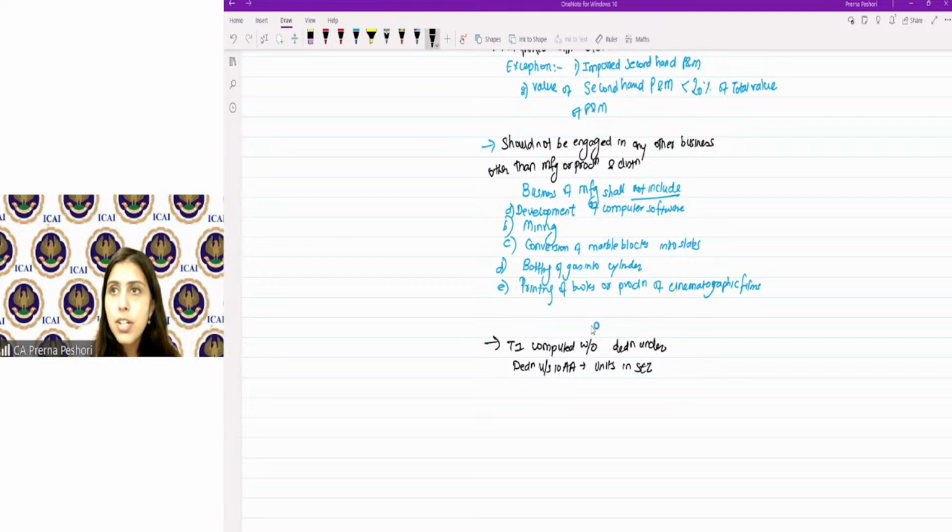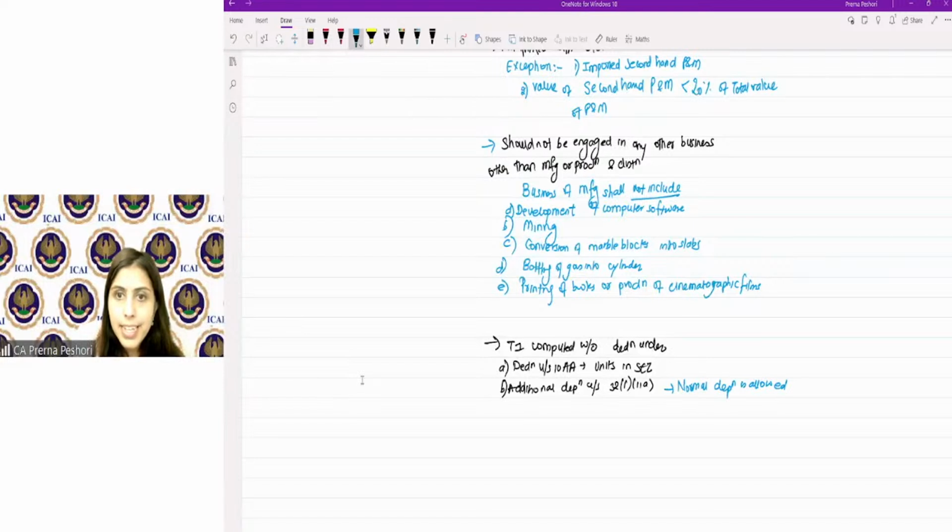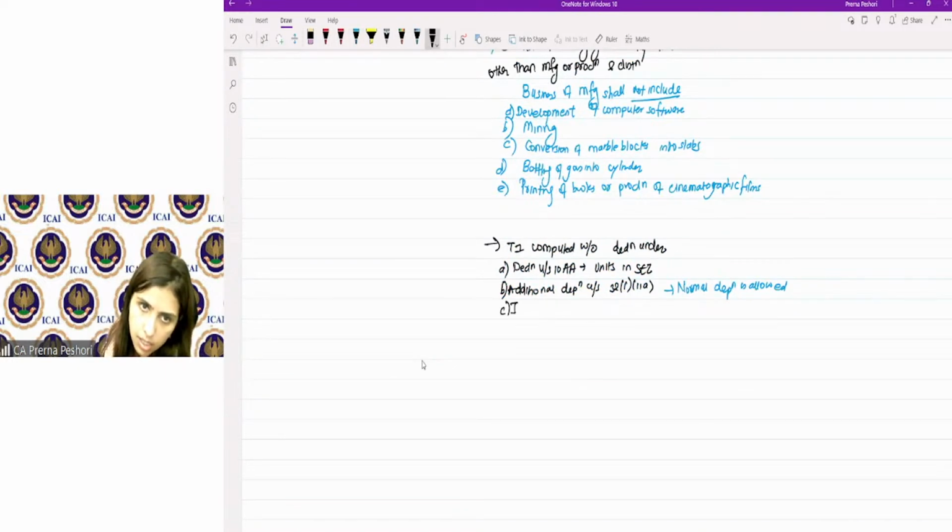Second is additional depreciation under section 32(1)(iia), meaning normal depreciation is allowed. Normal depreciation is allowed. Next is 32AC investment allowance, investment allowance under section 32AC.